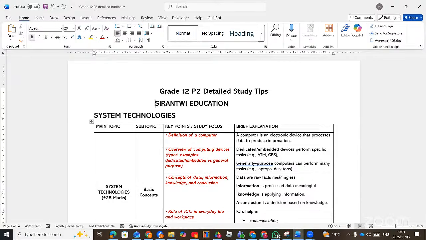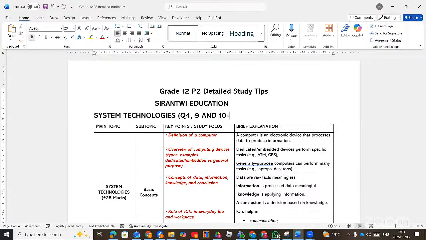Right. So without wasting much time, let's move straight to the first concept, which is system technologies. And in most cases, system technologies covers question 4 and then 8, question 9, and then 10.